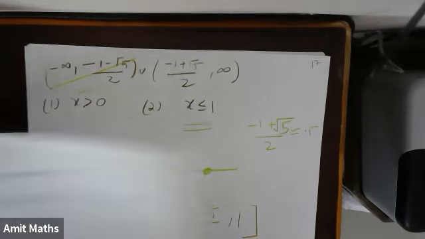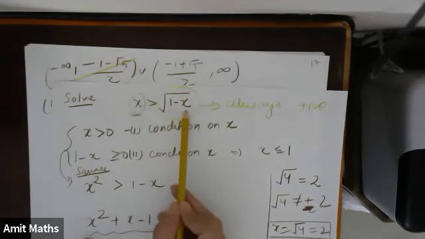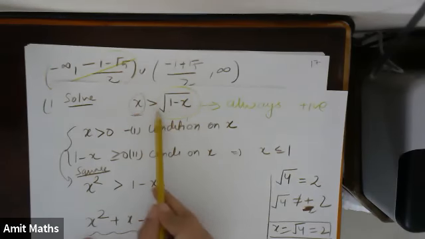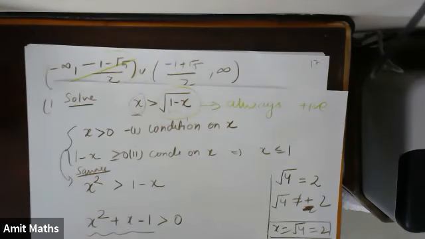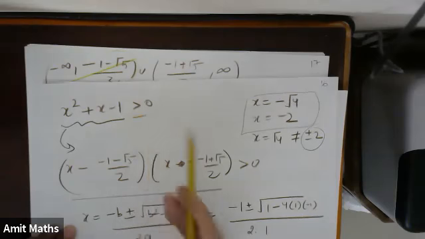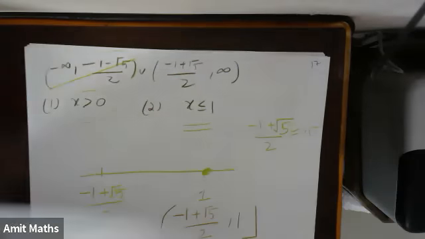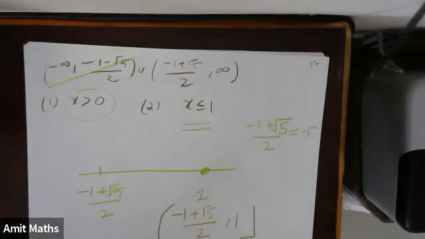See, in the original question x was greater than root of 1 minus x. So when I square, this still was greater than 0. So if I include this root, it will become equal to 0. So this part will be an open bracket.